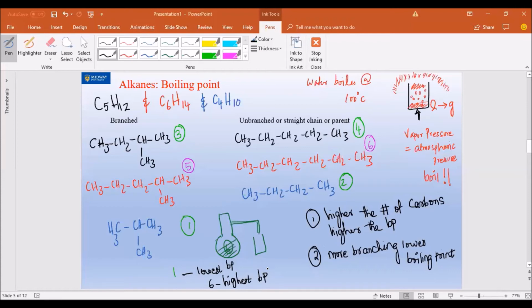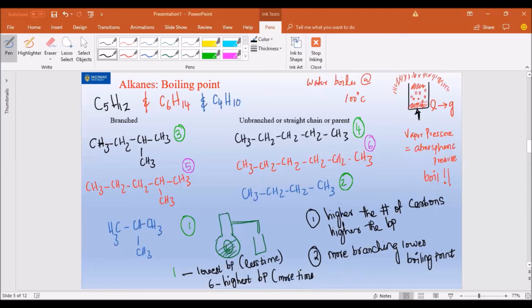The one with the lowest boiling point would come out first. So 1 would come out first, followed by 2, 3, 4, 5, 6. So the lowest boiling point distills first. Highest boiling point means it takes more time.